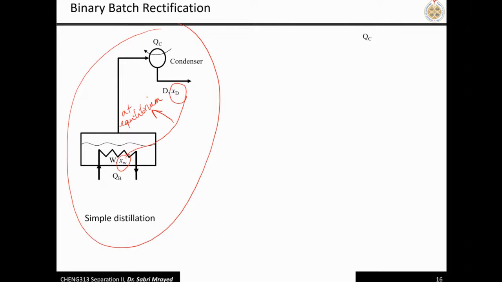Now, you might ask yourself, what is this guy saying here? This xD is liquid, and this one is liquid. Where is the equilibrium? Why do we say at equilibrium? Do you know why? Why do we say xD and xW are at equilibrium, even though they are both liquids? Do you have any idea?